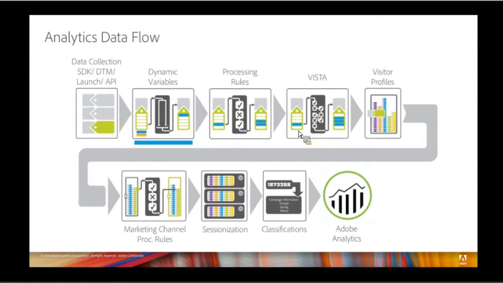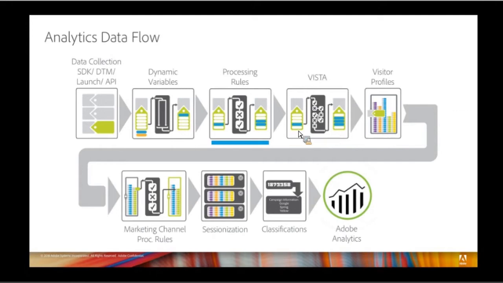The SDK is going to be your first point of data collection for the mobile world, as I mentioned. But of course, for the web, you've got DTM, and you've also got Launch by Adobe, and you also have the data insertion API, which is yet another way to push data in real time into Adobe Analytics.